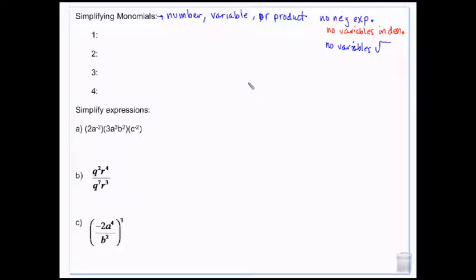Okay. So in order to simplify a monomial, we need to make sure. Oh wait, I lied. Darn it. We can have, this part's correct, no variables under roots.